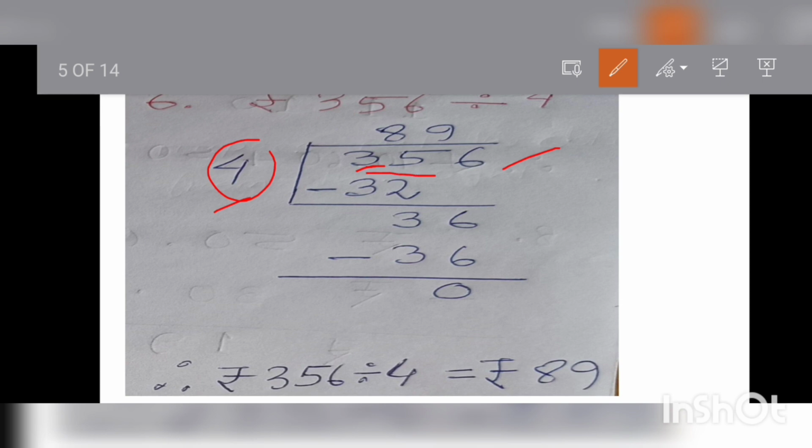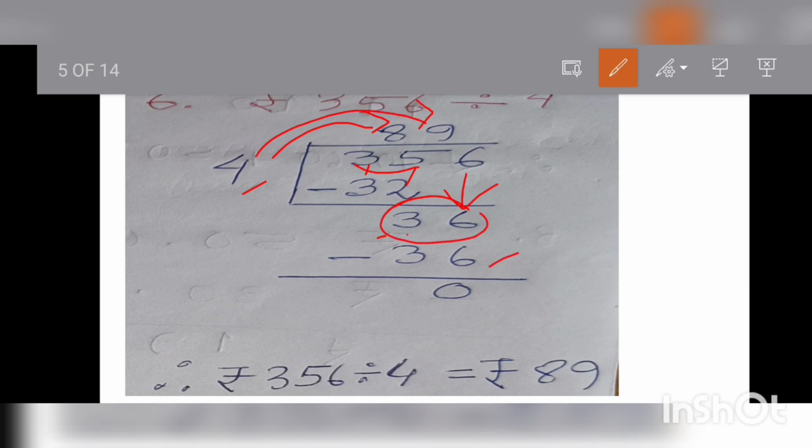Okay, so 4 8s are 32. Okay, so 5 minus 2 is 3 and 3 minus 3 is 0. Okay, now we cannot divide this 3 by 4. That's why we bring this 6 below. Okay, now it is 36 and 4 nines are 36. Okay, so 6 minus 6 is 0 and 3 minus 3 is 0.